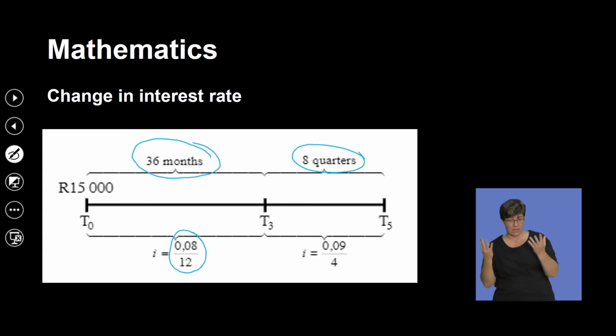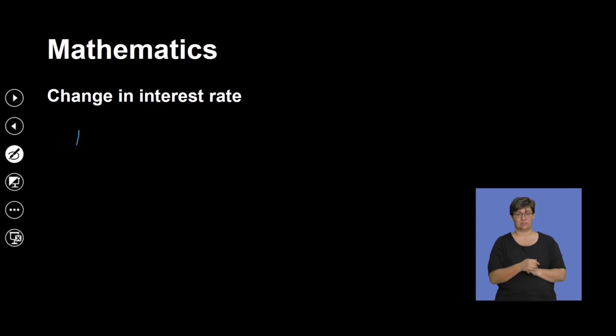Because remember, in 2 years, I have 8 quarters. And the interest he's getting is 0.09 over 4. And therefore, if we wanted to calculate for this, right, I will say A is equal to, firstly, I will want to find how much interest Sibusiso got for the first 3 years, right?